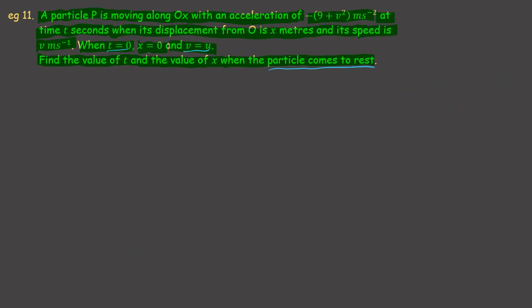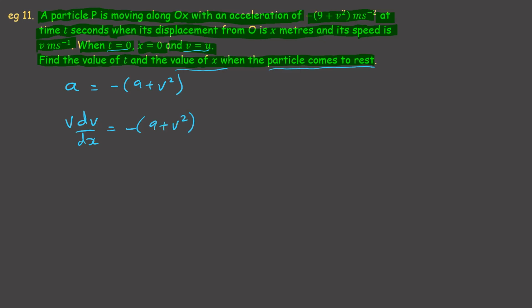Okay, let's move on and let's look at the value of x when the particle comes to rest. So once again we have that a is equal to negative 9 plus v squared, and that means that v dv dx is equal to negative 9 plus v squared.